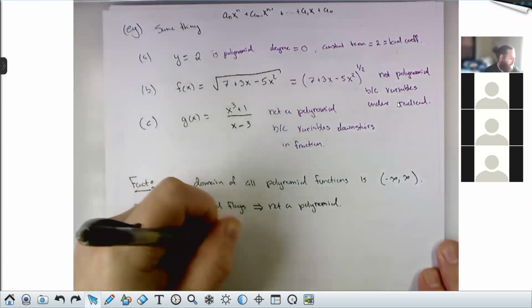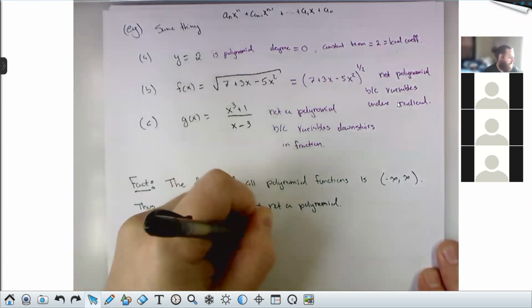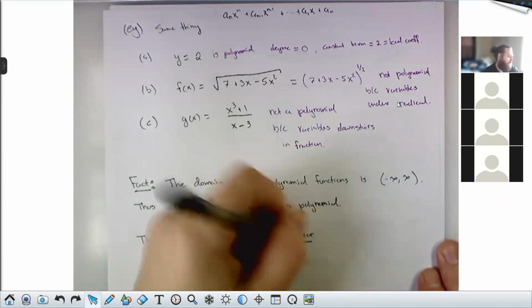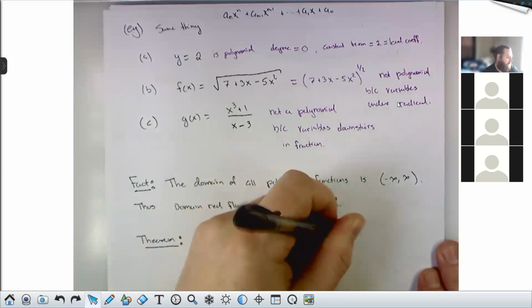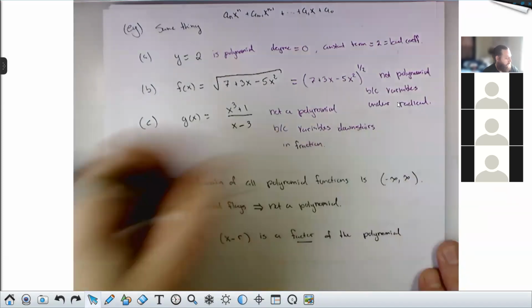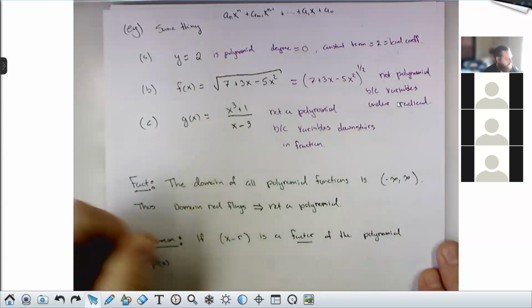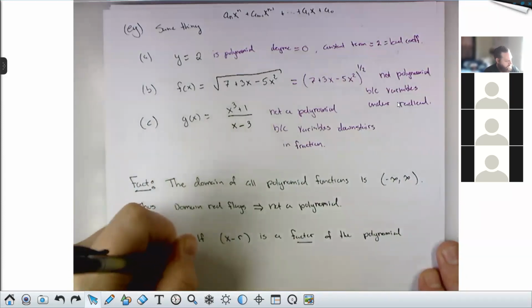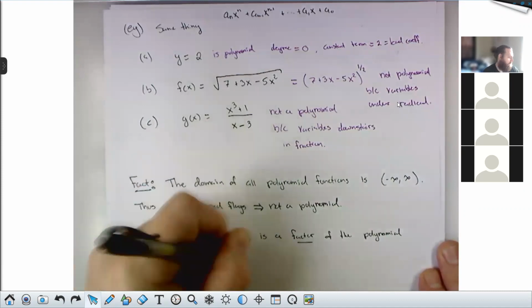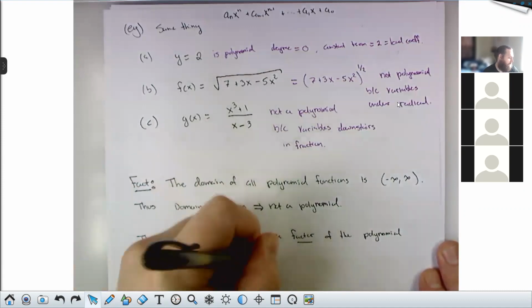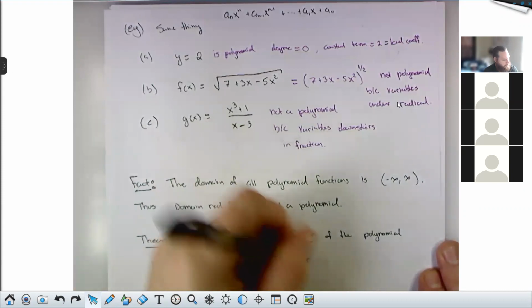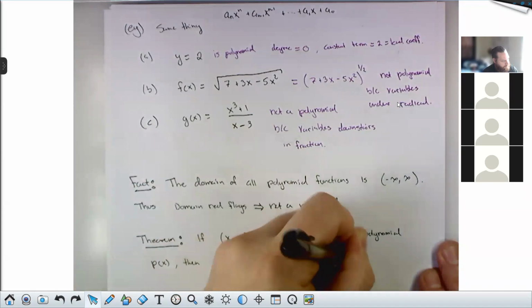If x minus r is a factor of the polynomial p of x, then p of r equals 0, i.e. x equals r is a root.